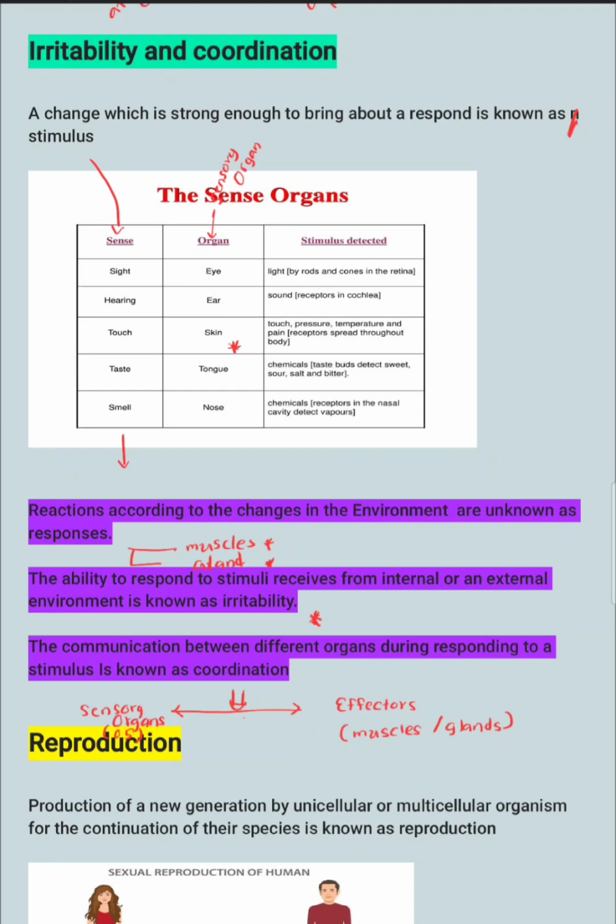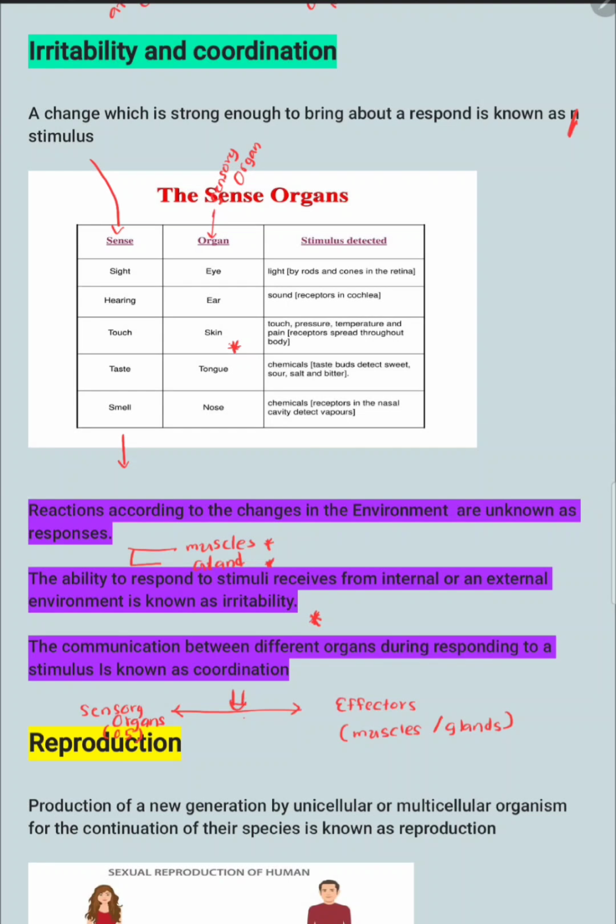Then sensory organ එකෙන් 5 sensors අපි percept කරනවා and for those we do responses. මේවෙන් ගන්න stimulus වලට අපි respond දෙනවා. Response දෙන්නේ muscle or glands වලින්. Between the muscles or glands and sensory organs we can communicate. මේ අතර communication එකක් වෙනවා. It is known as coordination.